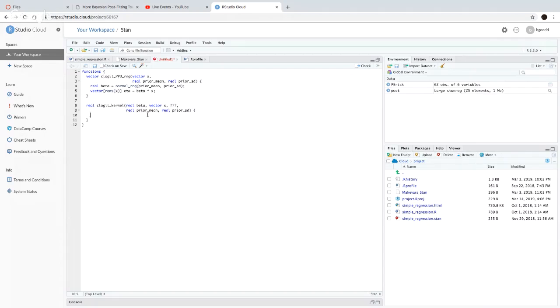The vector of x. Right. Okay. So whatever x is, like age or income, something like that. Okay, we know that. What does the outcome look like in a clogit model?